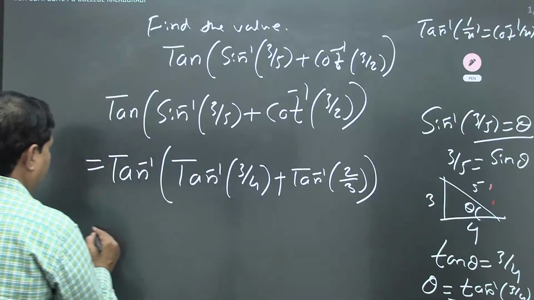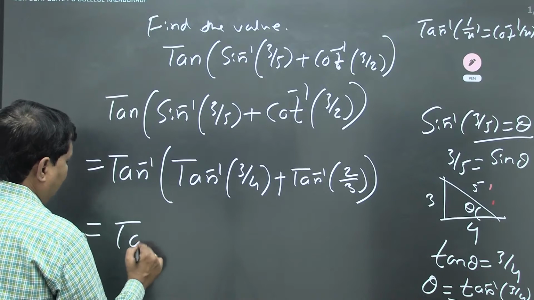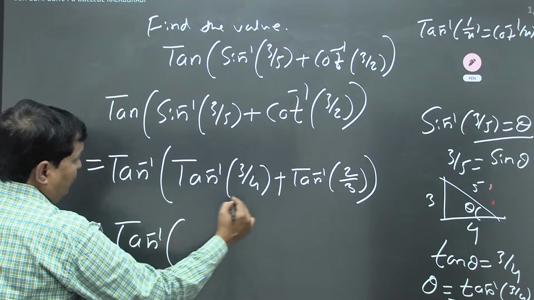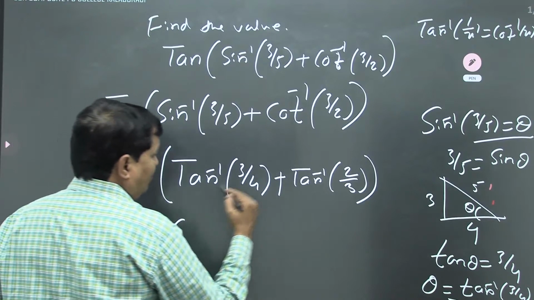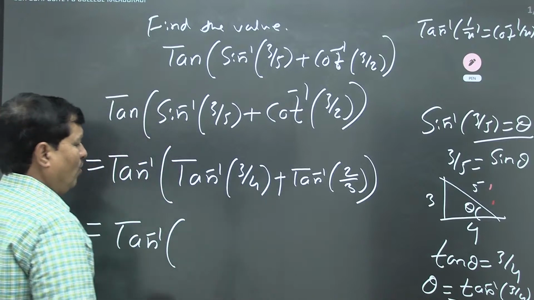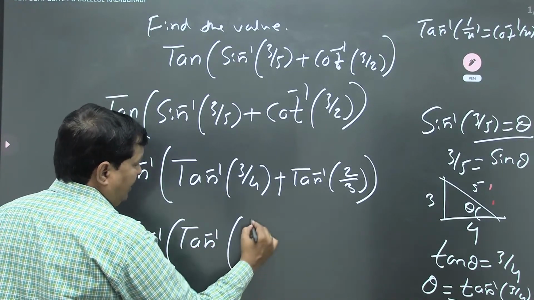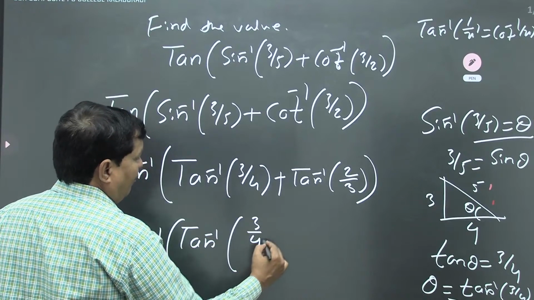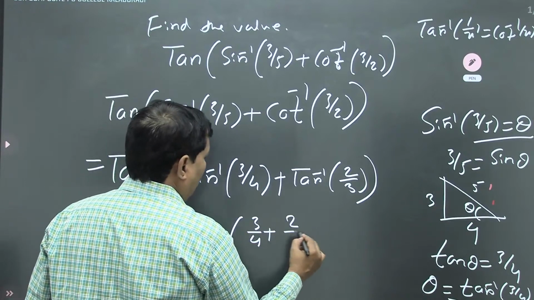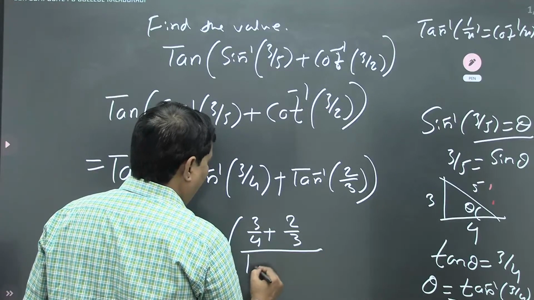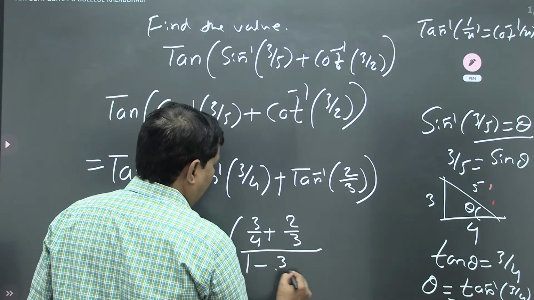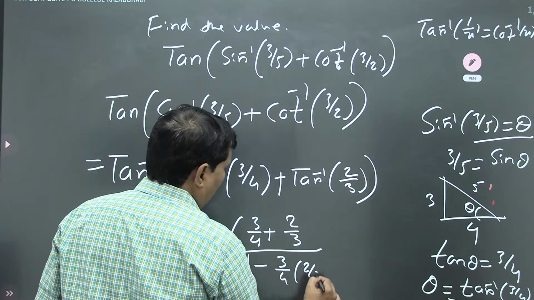Now this is in the form of tan inverse of x plus tan inverse of y. Therefore, we have tan inverse of, x being 3 by 4 plus 2 by 3, over 1 minus 3 by 4 into 2 by 3.